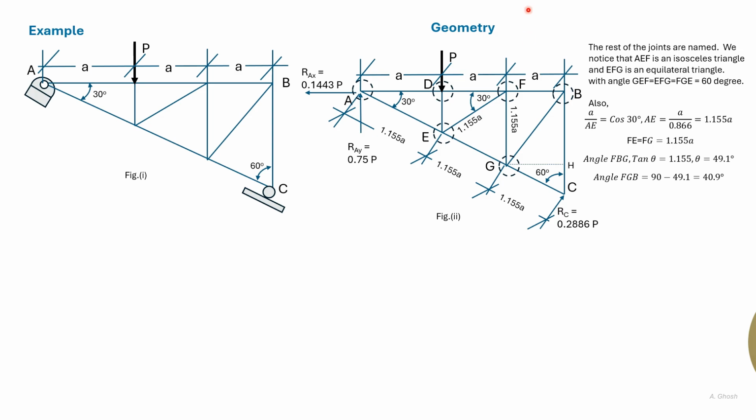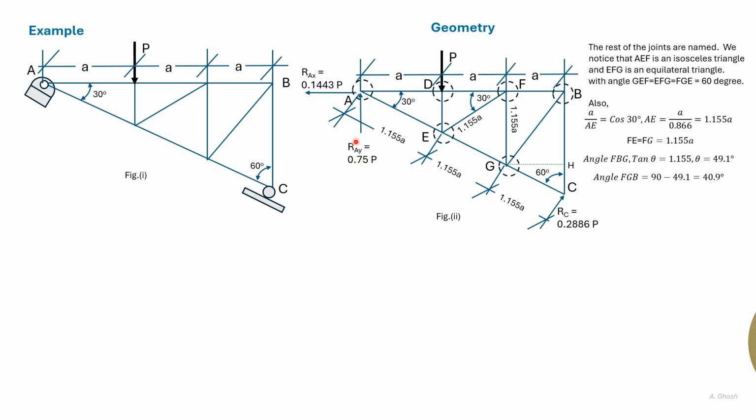Now that we have looked at the geometry, we can find the reactions. Initially, we take moment about A, then RC into this distance, that is AC, is equal to P into A, from which we can get RC. Next, we can resolve forces in the vertical direction.